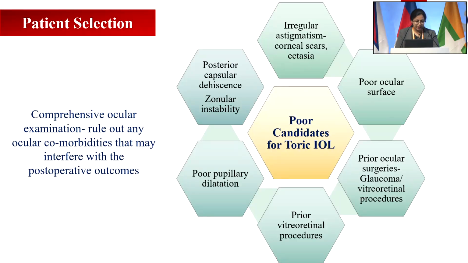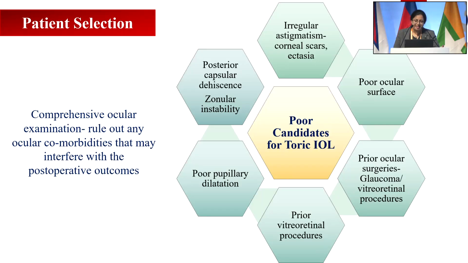So patient selection, comprehensive ocular examination is of course a must to rule out any comorbidities that may interfere with postoperative outcomes. So who are the poor candidates for toric or premium toric IOLs? Any irregular astigmatism, corneal scars or ectasia. A poor ocular surface is a relative contraindication. If you can optimize it, treat it optimally, then you may still go ahead with a premium intraocular lens.